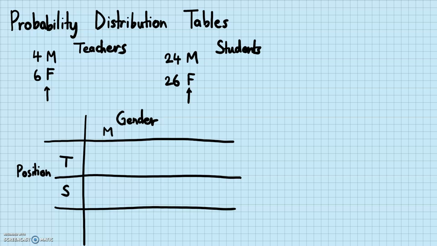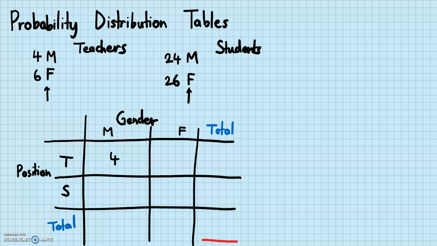And then M and F for male and female. And remember, we had the marginal frequencies here. And then we had the grand total down here.